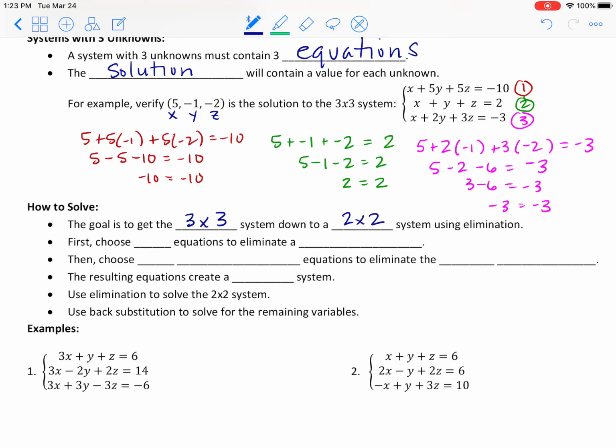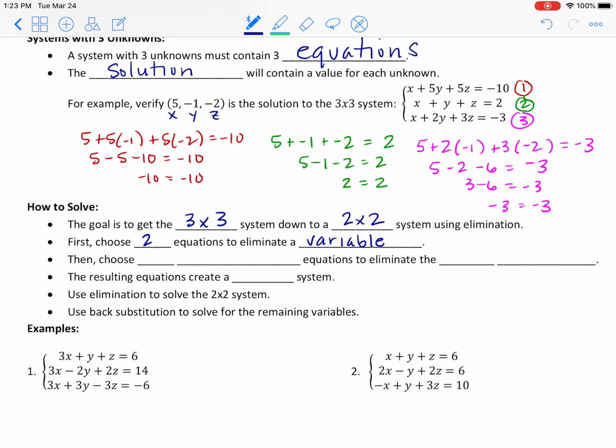So to get the 3x3 down to a 2x2, we're going to choose two of our equations to eliminate a variable. And it doesn't matter which two equations we choose, and it doesn't matter which variable we choose. We're probably just going to see what jumps out to us. So we can choose to eliminate x's or y's or z's for this first step.